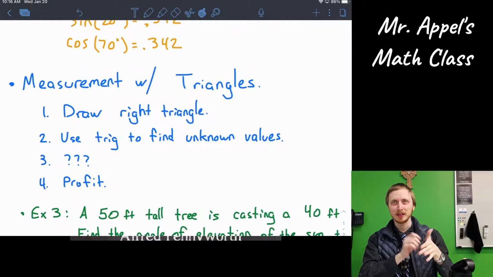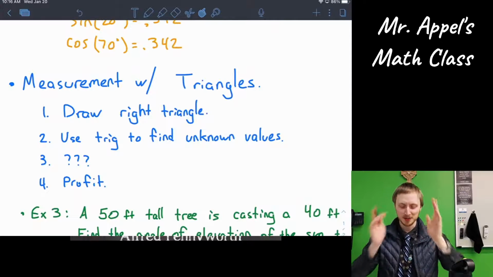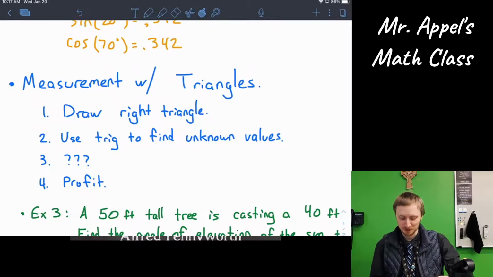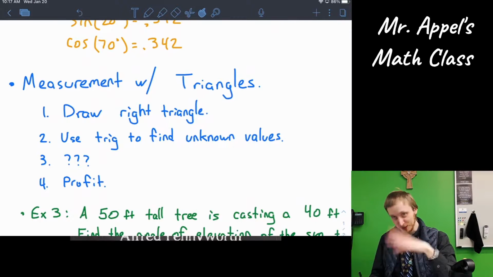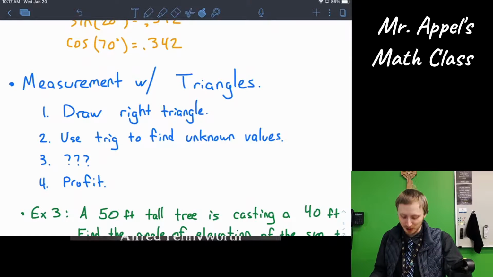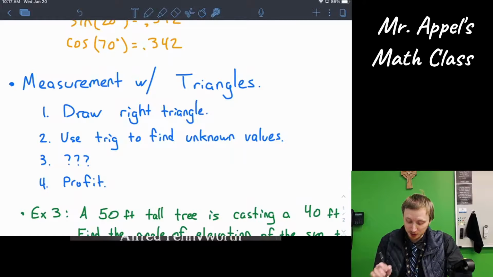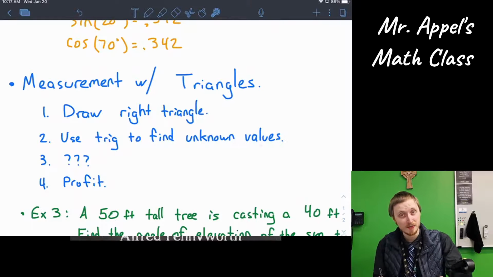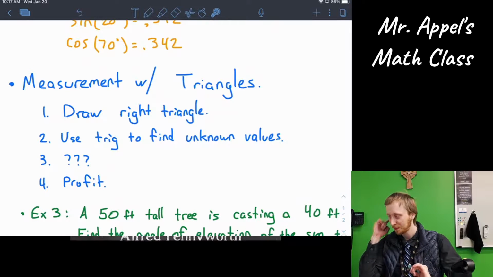Astrolabe? Some sextant, one of those nautical navigational tools. Anyways, you don't have that with you because you live in the modern era. Why would you have that? So, the solution: draw a triangle. Use trig to find the unknown values in the right triangle. Algebra ensues, profit. Okay?